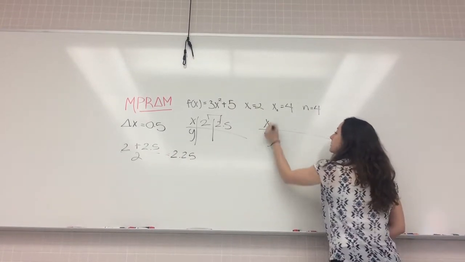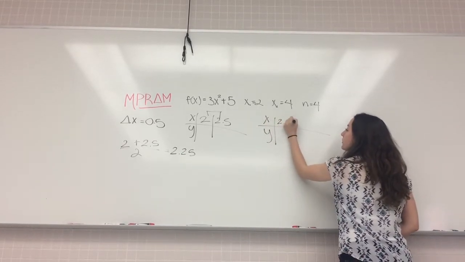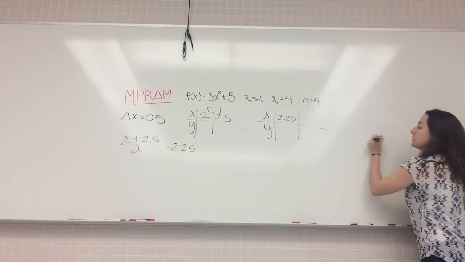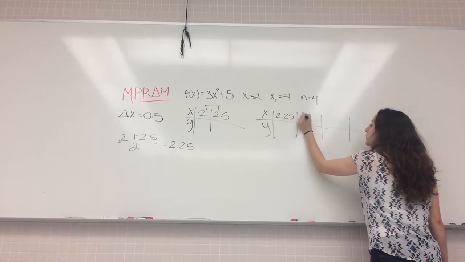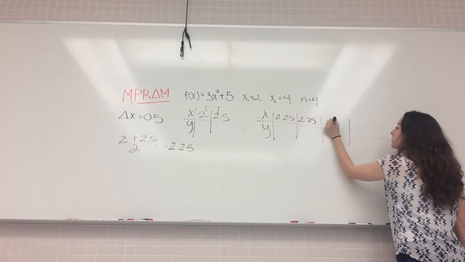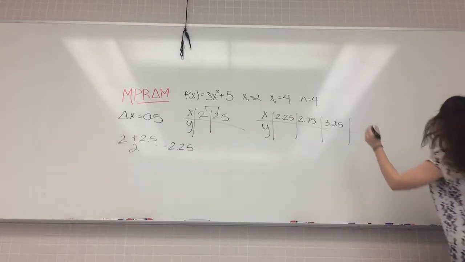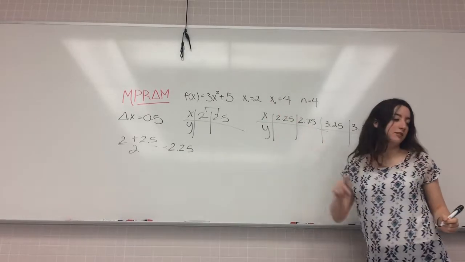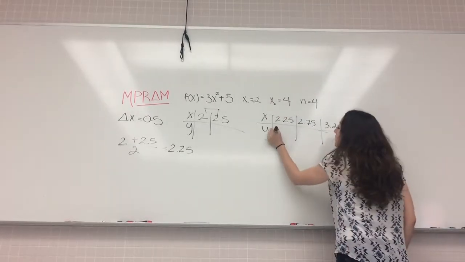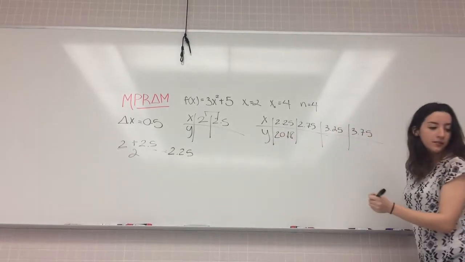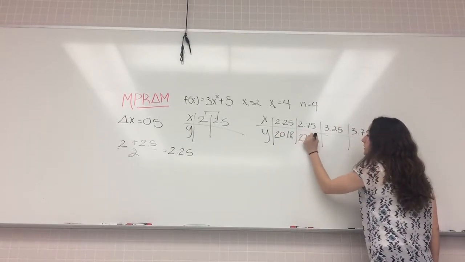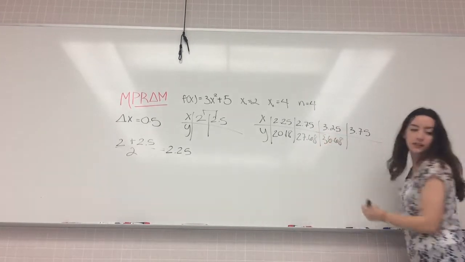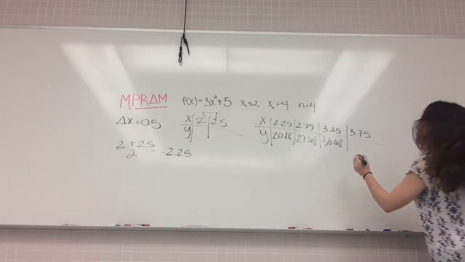So in our table of values, we get 2.25, and now we just have to add the delta x to each one to get all the points: 2.75, 3.25, and 3.75. We plug this in the original formula and we get 20.18, 27.68, 36.68, and 47.8.